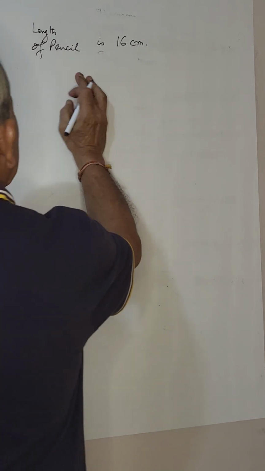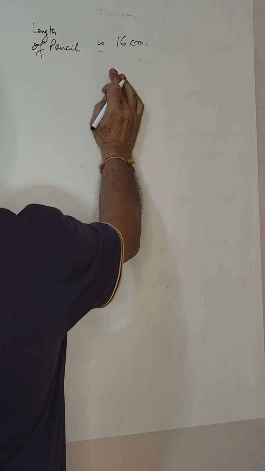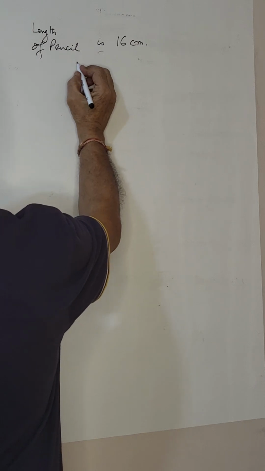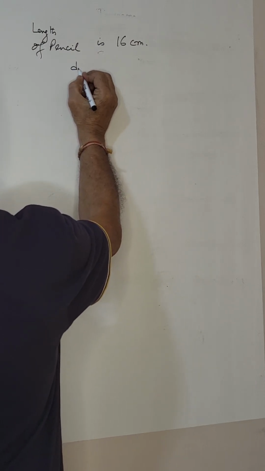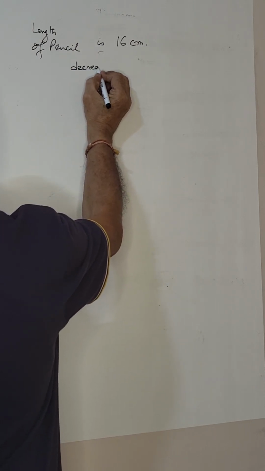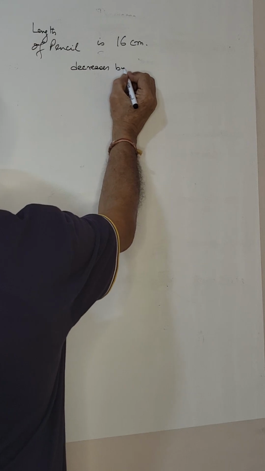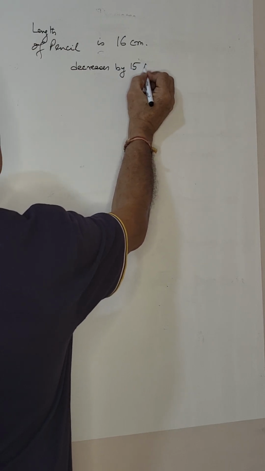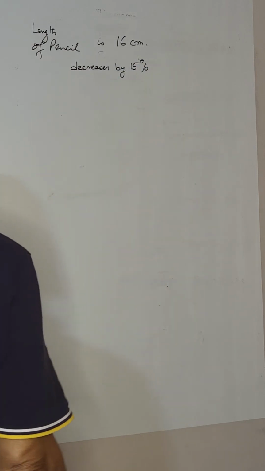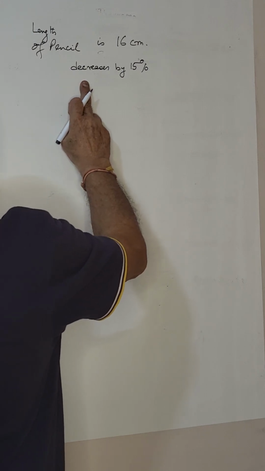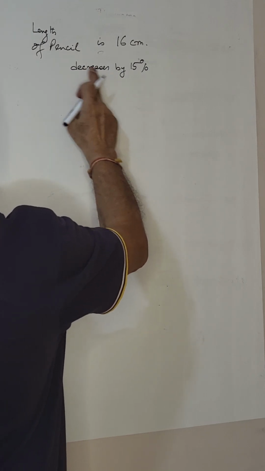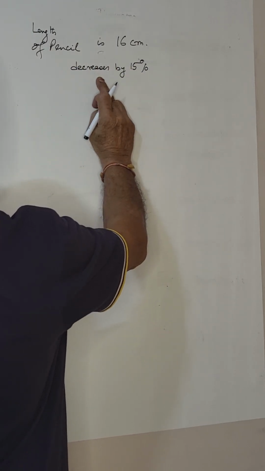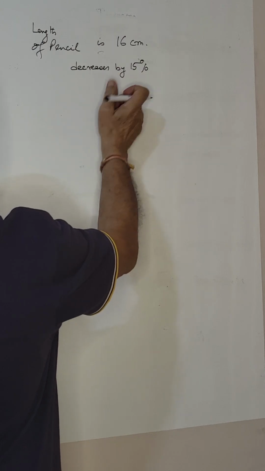After 1 week, we sharpen it, and it decreases by 15%. In every week, it decreases by this. It decreases by 15% when we sharpen it.